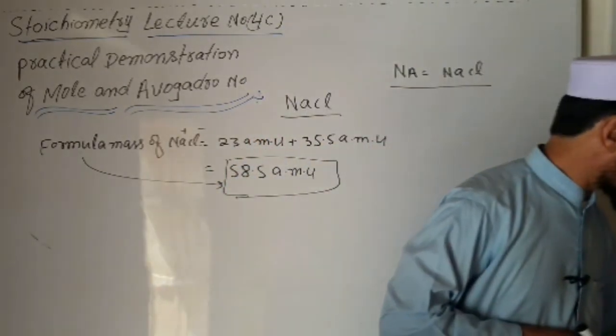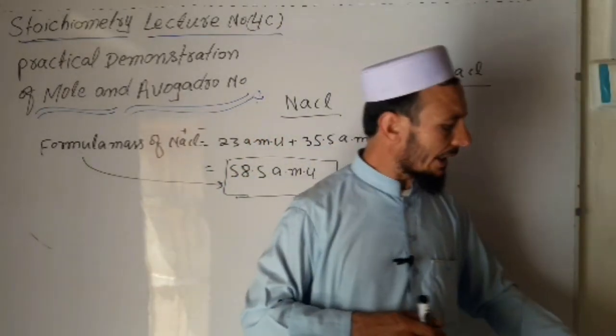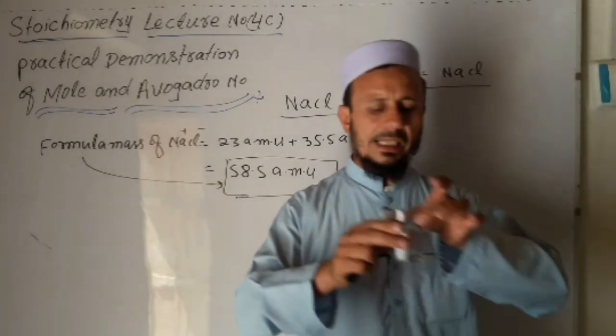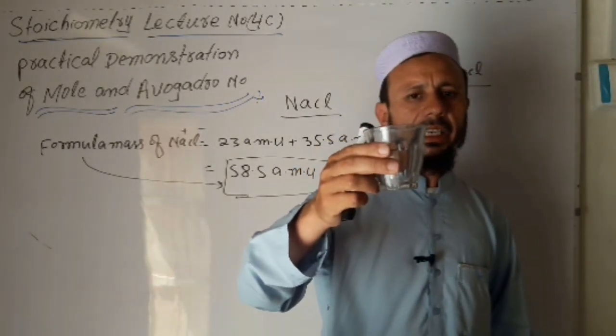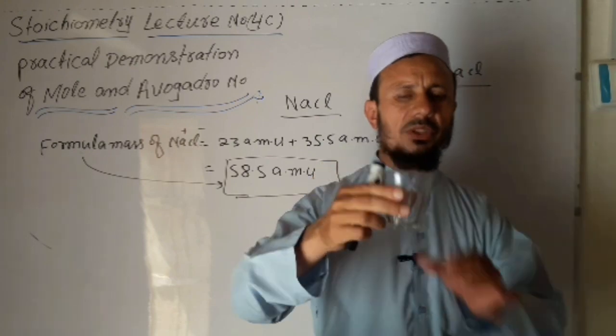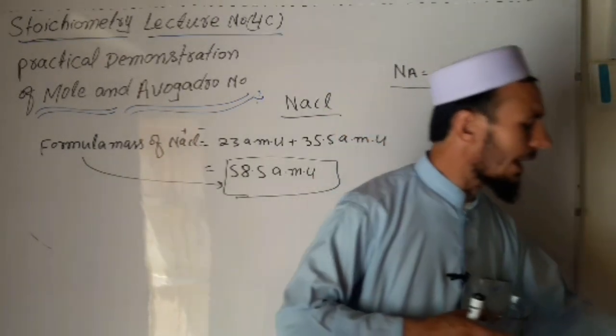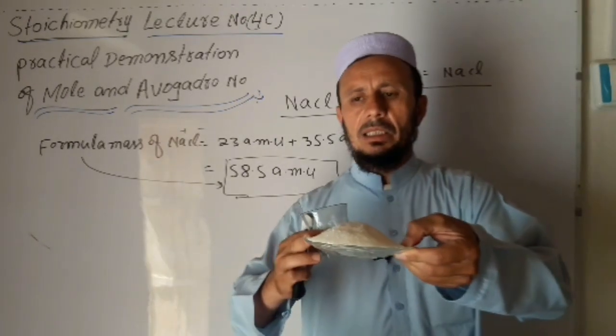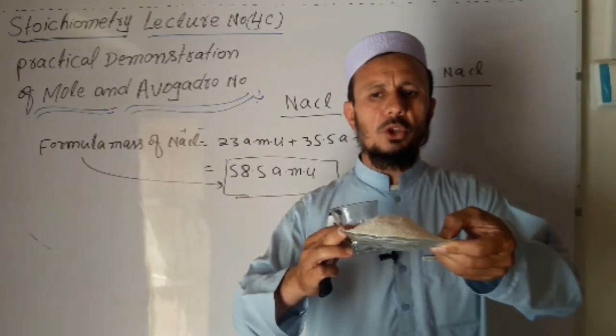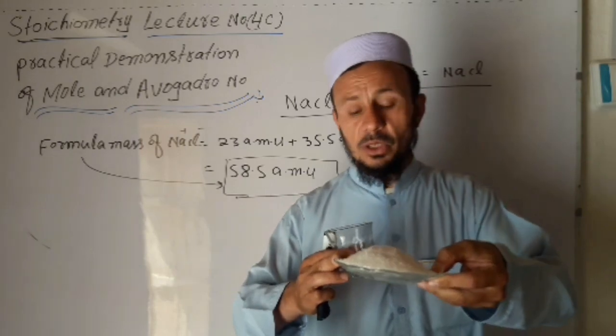Now, dear students, you may be confused that in this cup 18 gram of water was present, which was also equal to 1 mole. In this plate 342 gram sugar is present, it is also equal to 1 mole.